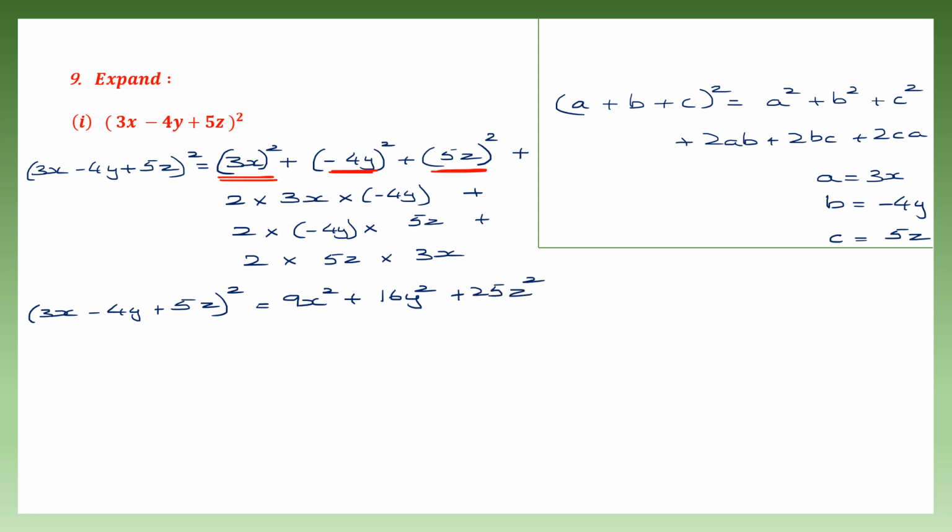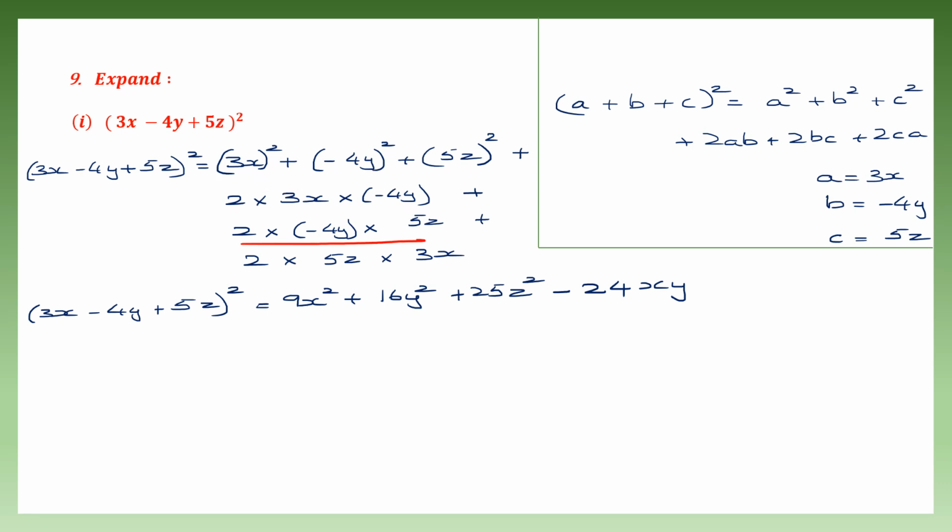Now let's go to this part. So here let's multiply the numbers. 2 3s are 6, 6 4s are 24. We have a minus sign. So that is minus 24. Now look at the literals. I have x and y. So minus 24 x y. Now let's take the next one, that is this portion.